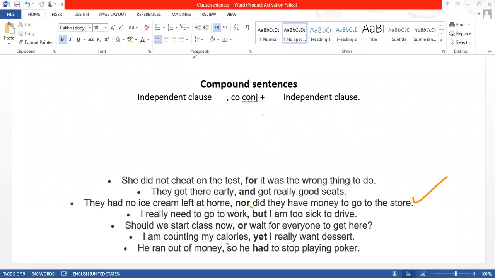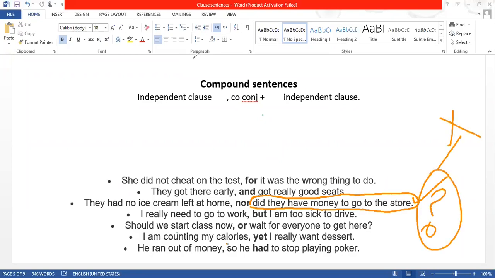Now they say that it is a question form. This is a rule kind. You have to learn that after nor you can have this question form, but there is no question mark. It is not a question sentence, remember. This is the way this coordinating nor works.